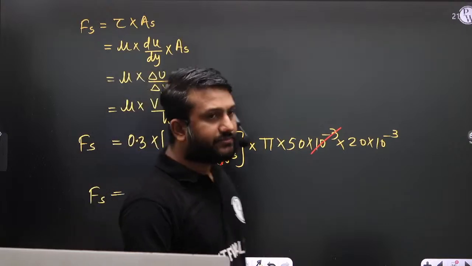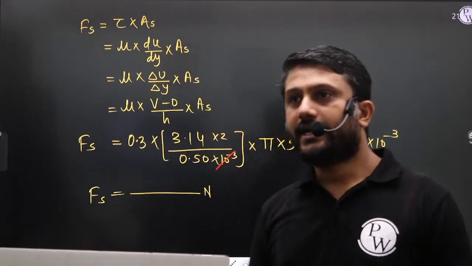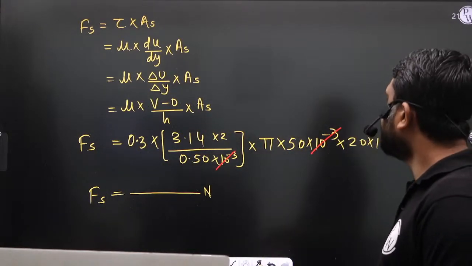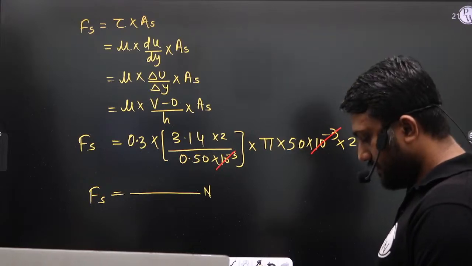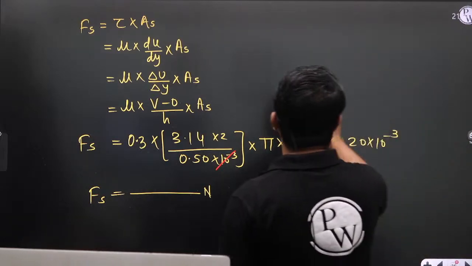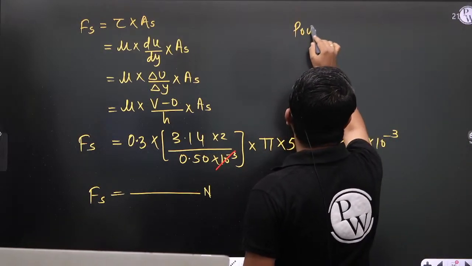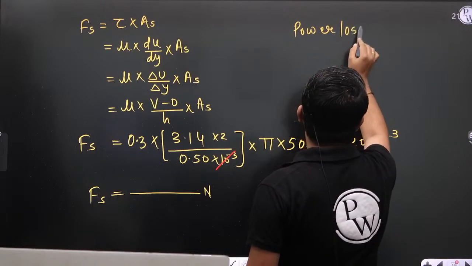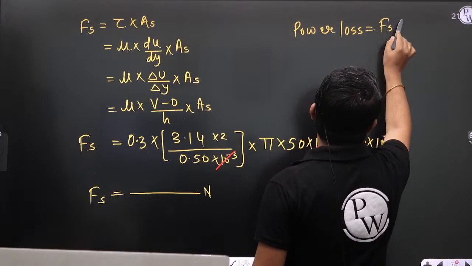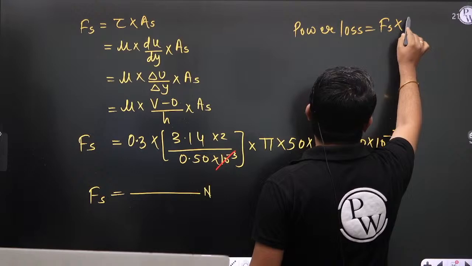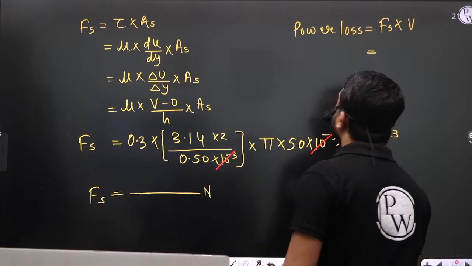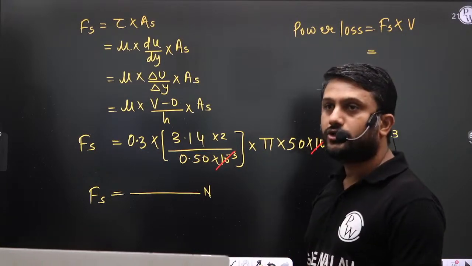So what is the shear force? Tell me what is the shear force? And once you know the shear force, then you can easily calculate the power loss. So power loss is Fs multiplied by the tangential velocity of the shaft. So tell me what is the shear force?